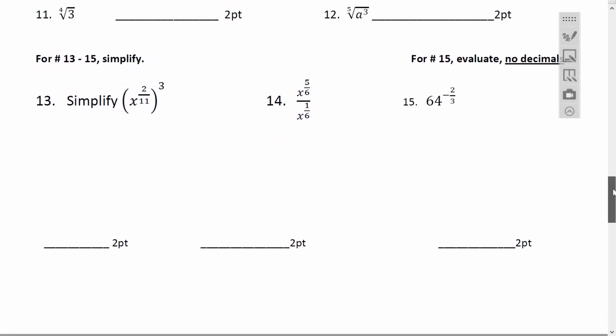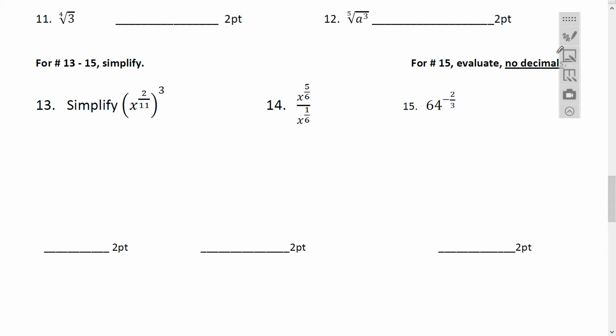So 13 and 14 we're simplifying. It says simplify x to the 2/11, cubed. To do this, we just multiply, because remember the power property says we just multiply.